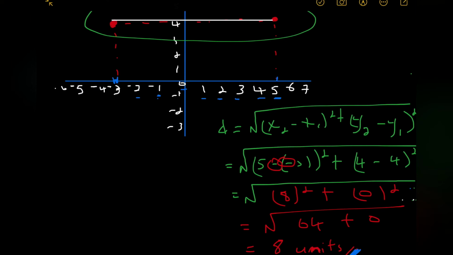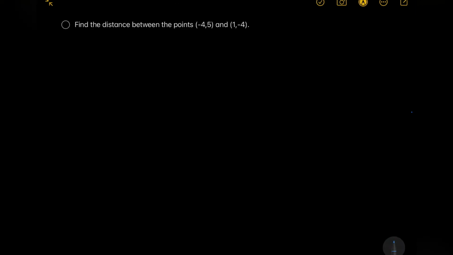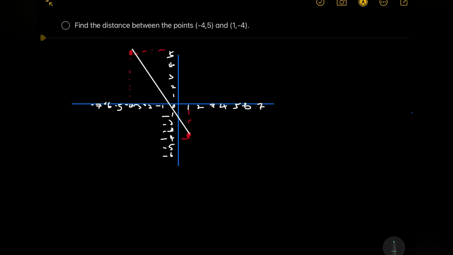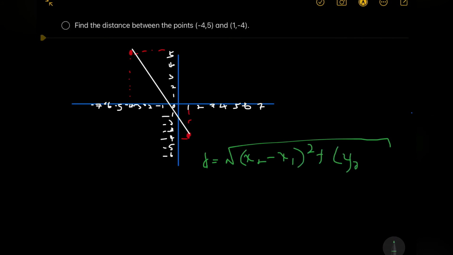For our next example, we have this question. We are supposed to find the distance between these 2 points. So graphically, we would have this. Again, graphically, this is what our line segment looks like. So our equation is d equals the square root of x2 minus x1 all squared plus y2 minus y1 all squared.